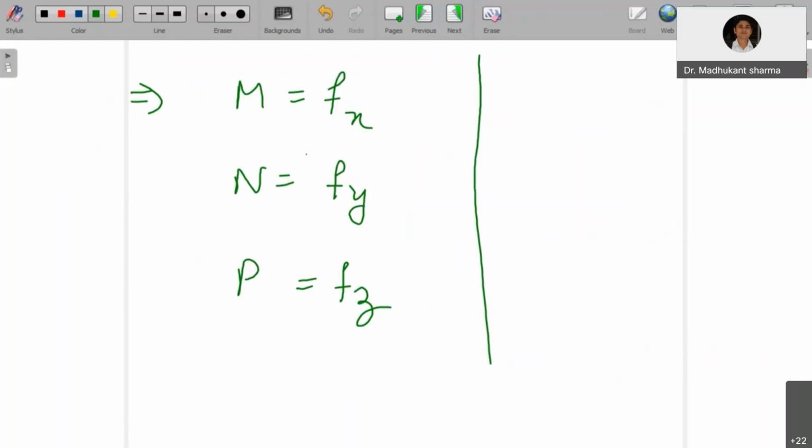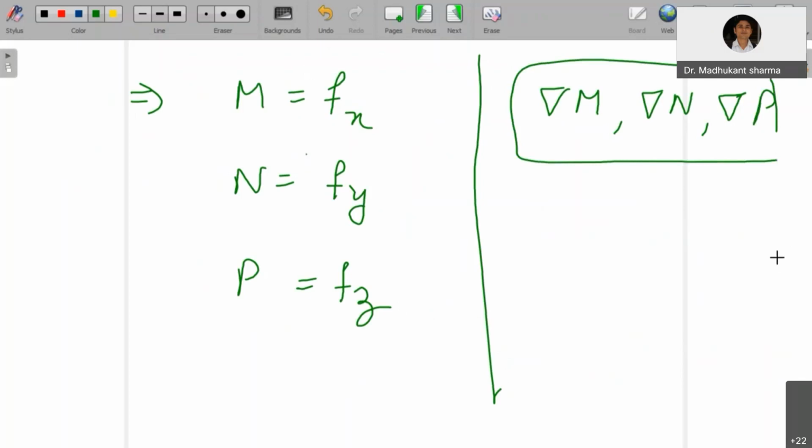Now the condition that the gradients of M, N and P are continuous, that is, the components are continuous, helps you in applying the mixed derivative theorem.